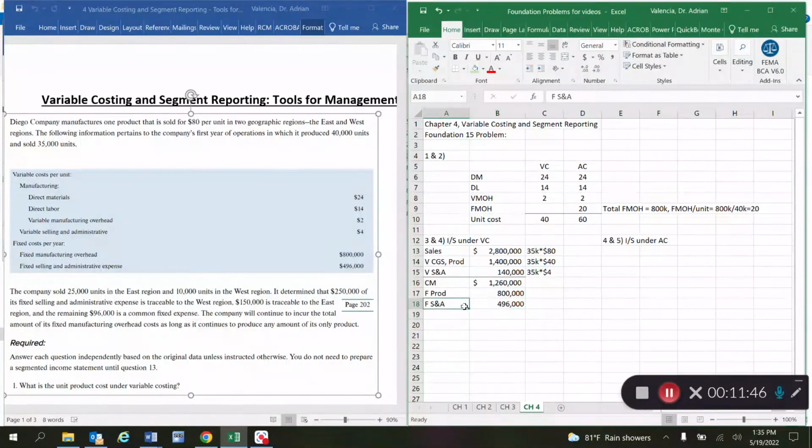Since we're doing a combined income statement, we don't have to do these breakdowns of 250, which corresponds to the west, 150, which corresponds to the east, and 96, which is common for everybody. So this is just an overall income statement under variable costing. And what this gives us is our net operating income, or net operating loss if it's negative. So let's go ahead and figure out what that is.